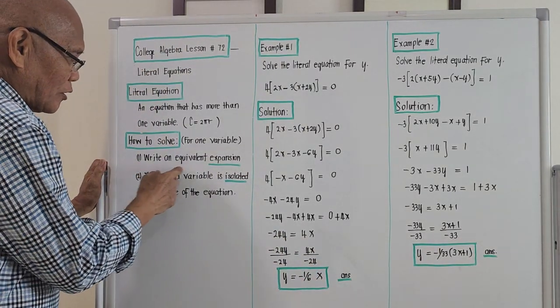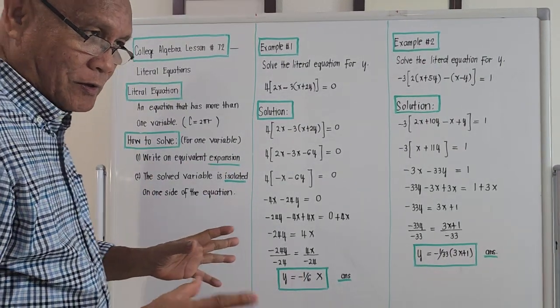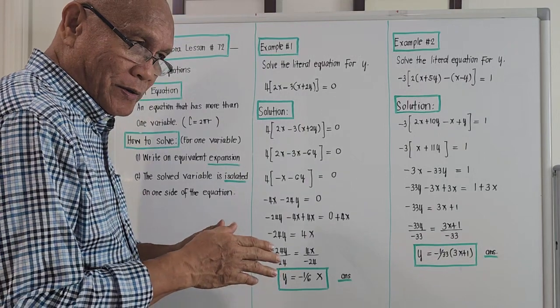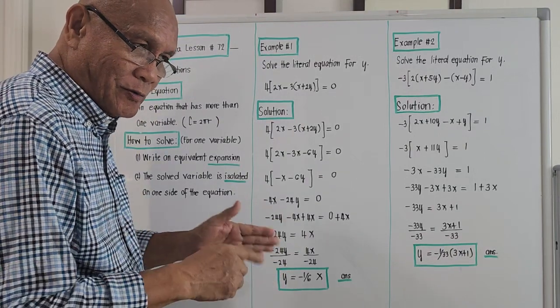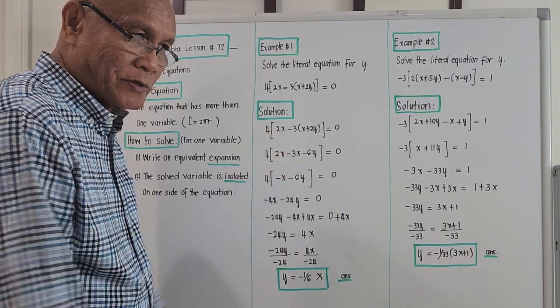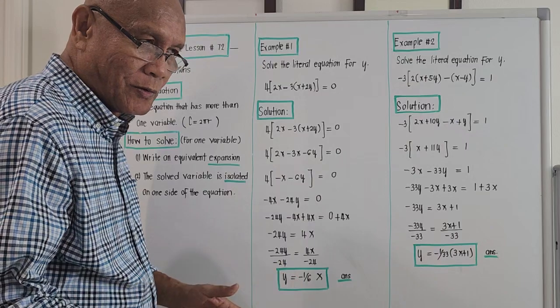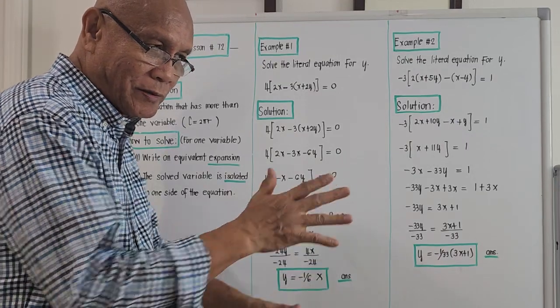Number one, write an equivalent expansion. Meaning to say, if we are given a literal equation, to find y as a function of x or x as a function of y, the first rule is to expand first. So we will be using the so-called distributive law under algebra, which we finished in past lessons.